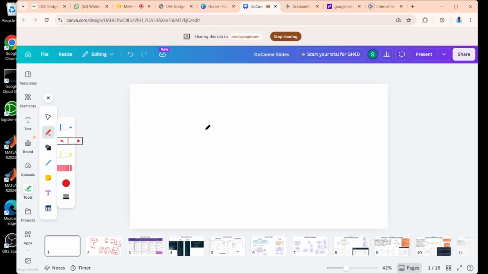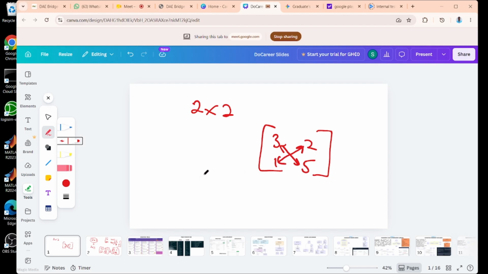For determinants, let's start with a 2 by 2 matrix. Let's say 3, 2, 1, 5. It's the same concept. For the determinant, this will multiply this, minus this will multiply this, just like how we did it for the cross product.